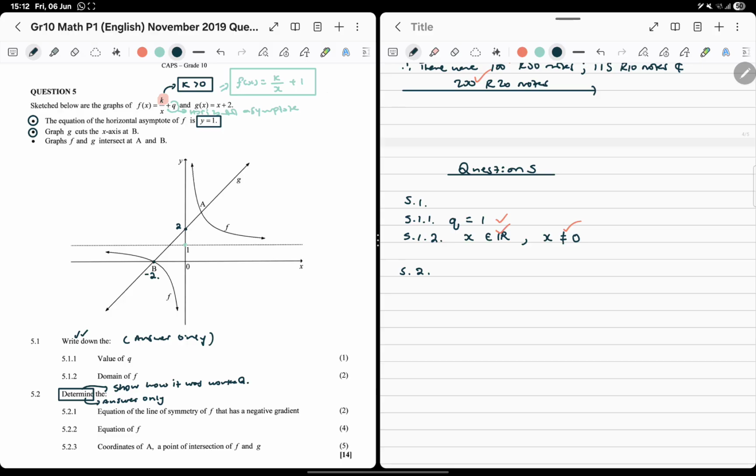But take note, I would say in everything you can do, note the mark allocation, because this will decide if you're going to give an answer only or more than that.